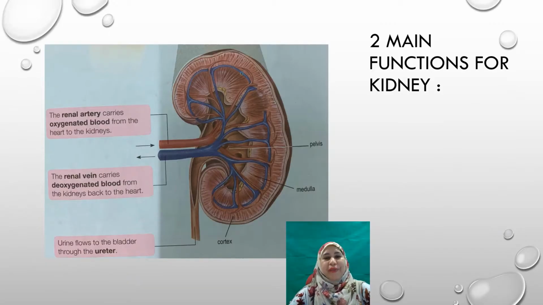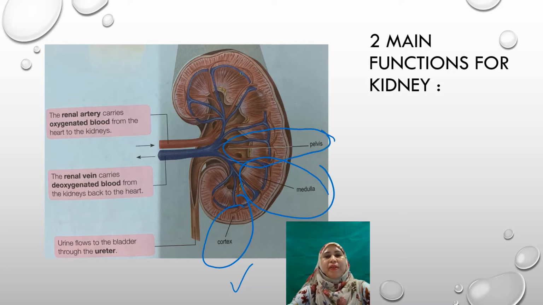Now we are going to see the cross section of a kidney. So the kidney has cortex, medulla and also pelvis, where the urine will flow into.